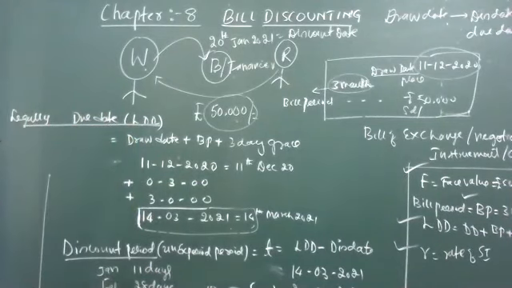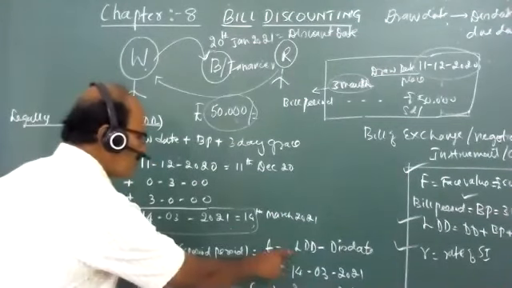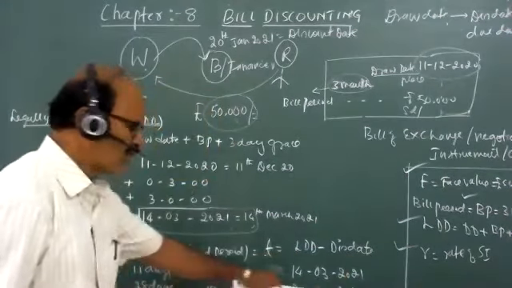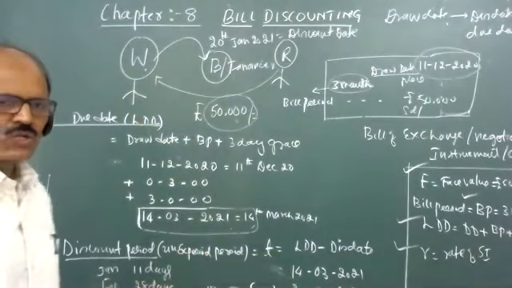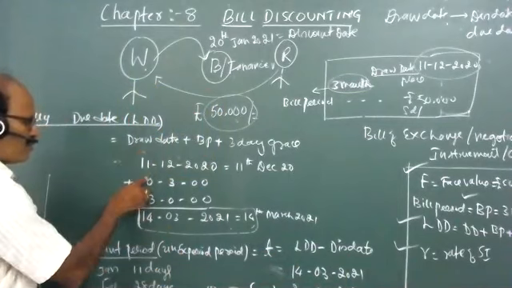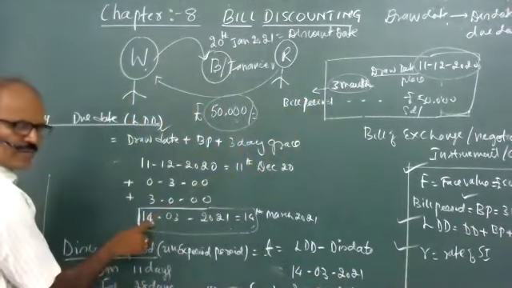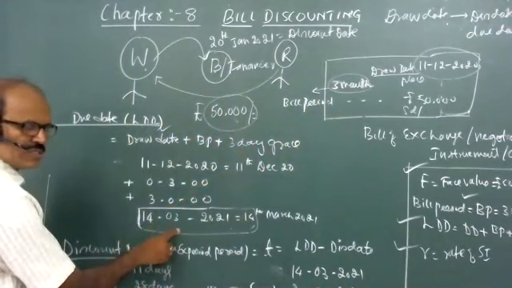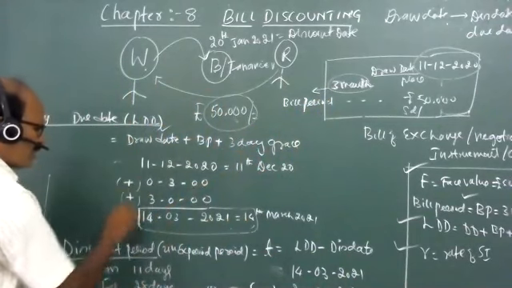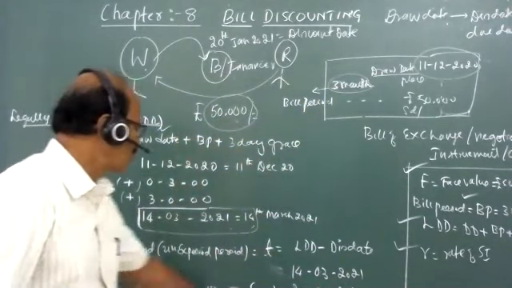Now, see the discount period, the difference between the due date and the discount date. How to calculate? Calculate like this. The due date is very easy. How to calculate the due date? Date of draw, plus the billing period mentioned here, and the grace period. That becomes 14 March. Adding is very easy. But to find the discount period, you have to go in reverse. Subtraction will become like this.